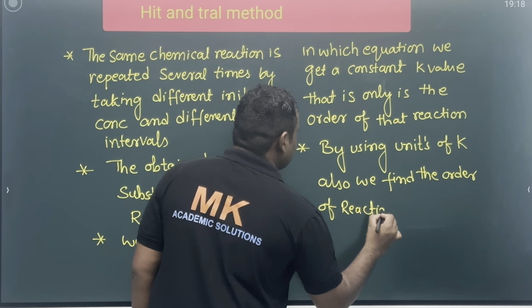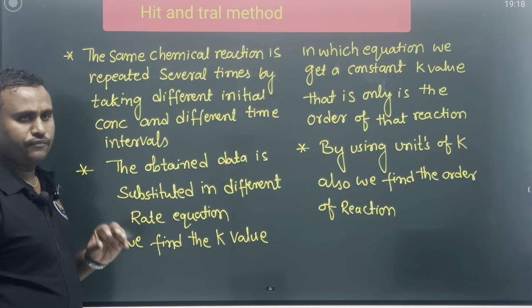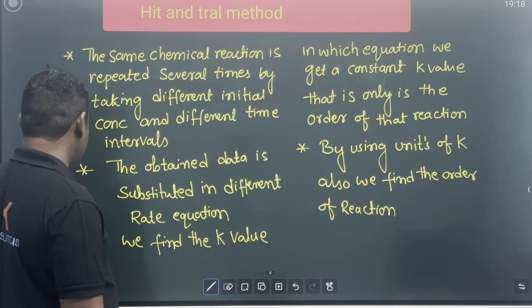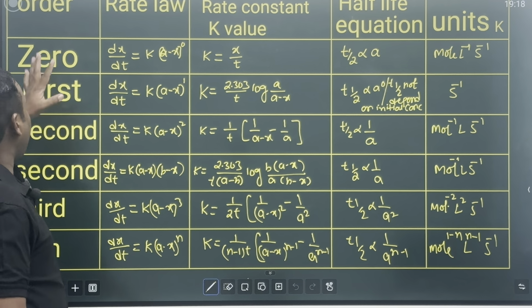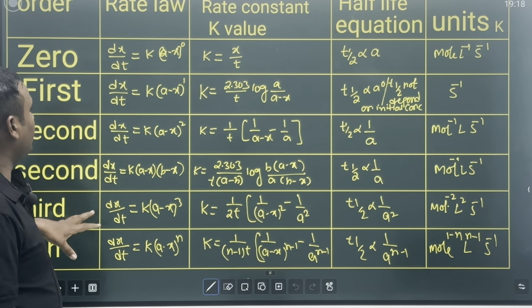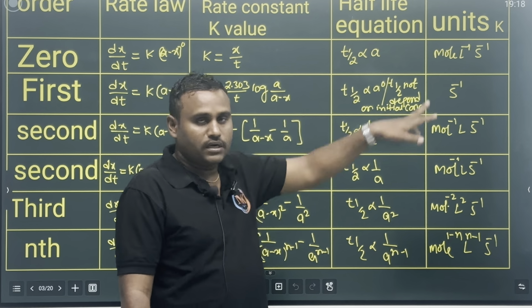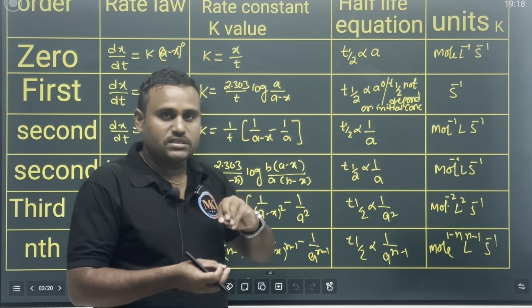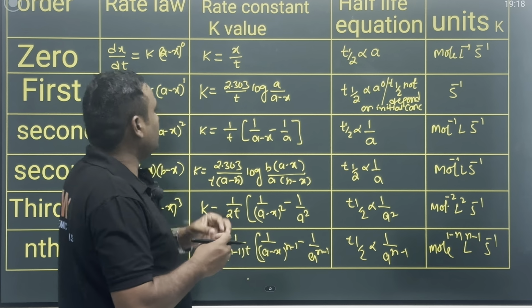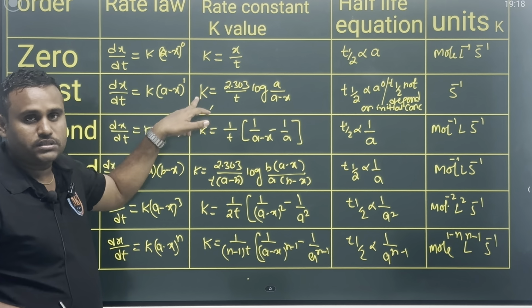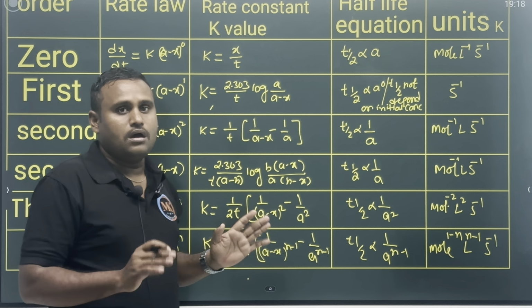Let us see here, we have different types of order of reactions, with rate constant value, half-life equation and units. Whatever data we get, we substitute in these equations. In which equation we get a constant k value, that is the order of reaction.